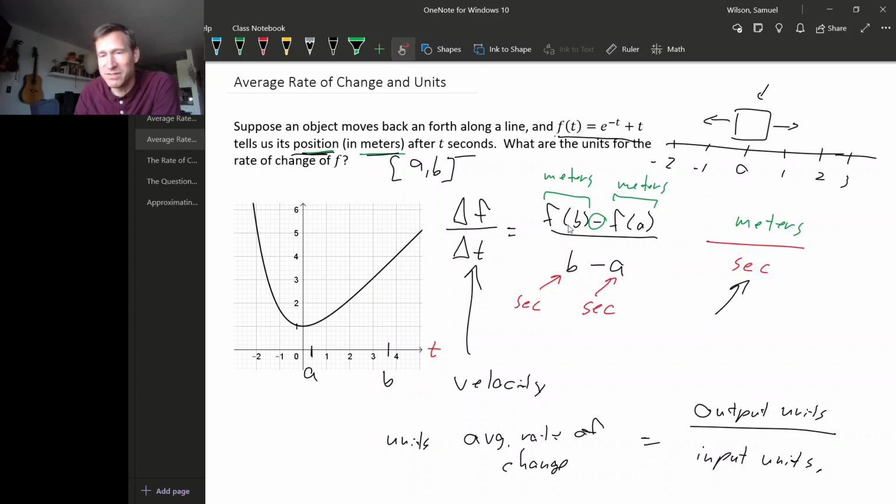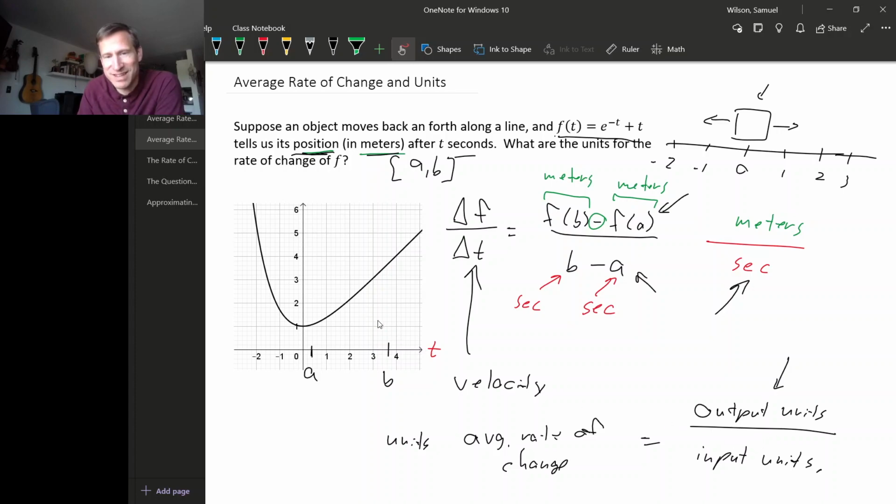And that always happens because this difference in the numerator is always going to have the same units as the output, whatever f is producing. And in the denominator, the units will always be the units for the independent variable, the input units. So no matter what your function is measuring, this average rate of change formula always produces these units.